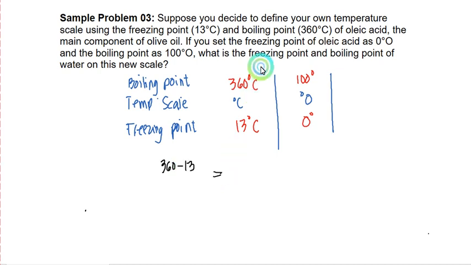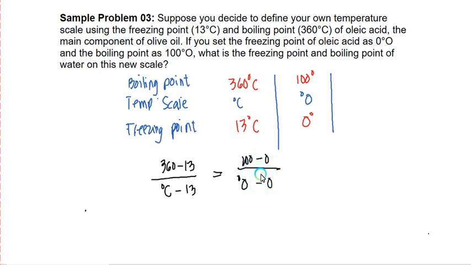Then sa aton nga right side, still the same man Japan, that is 100 minus 0. Next we have, sa dalom, your temperature scale minus your freezing point. So that is your degree Celsius minus 13. Then we have your degree oleic minus 0.